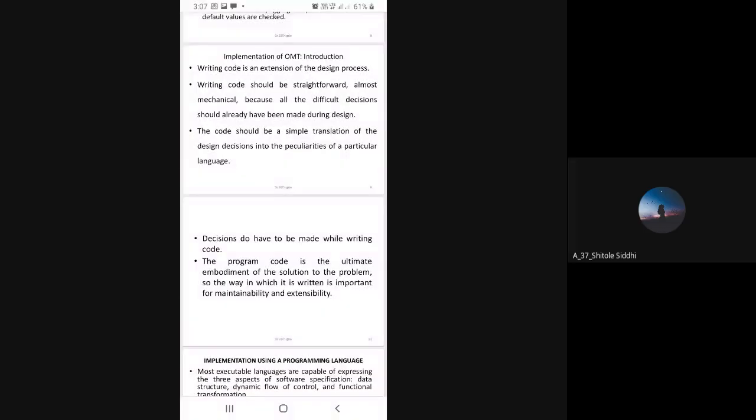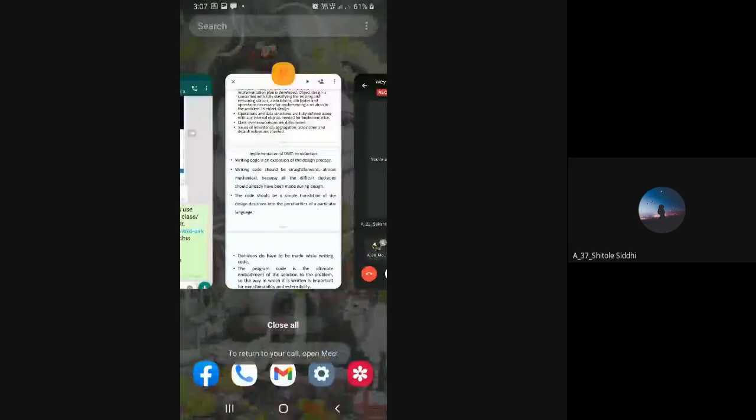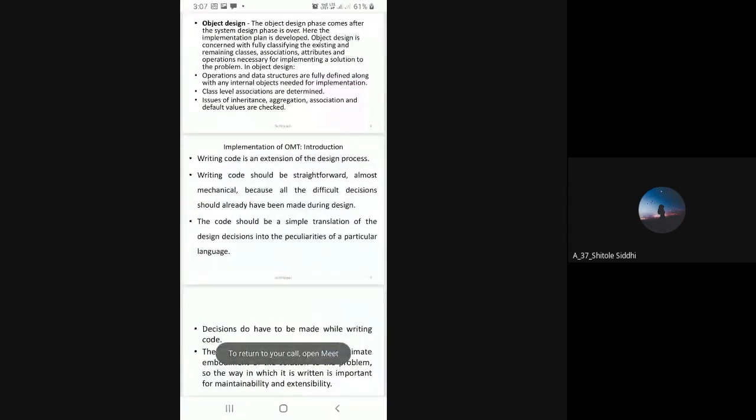Implementation is nothing but writing code. So whatever diagram is there, with respect to the same structure we will try to write the code. Similarly, just like a civil engineer prepares blueprints, and the same structure is developed, whatever is in the blueprint, the same construction is done.